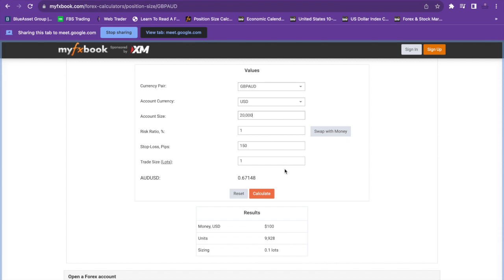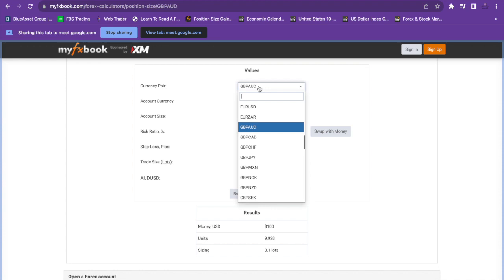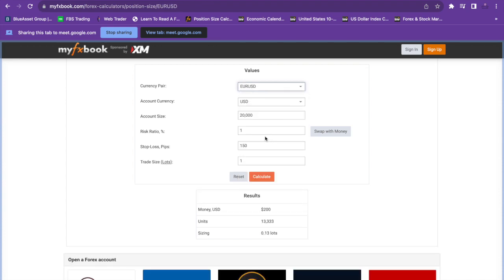So I go back to my account and I say, okay, I'm doing Euro USD, right? Now I don't have $100 in my account anymore. I've got $200. And then you say, okay, calculate it out for me. Let's quickly check it again. So my account is now 20,000 cents, still 1%, still 150 pips. Calculated for me. Do you see? 0.13 lots.